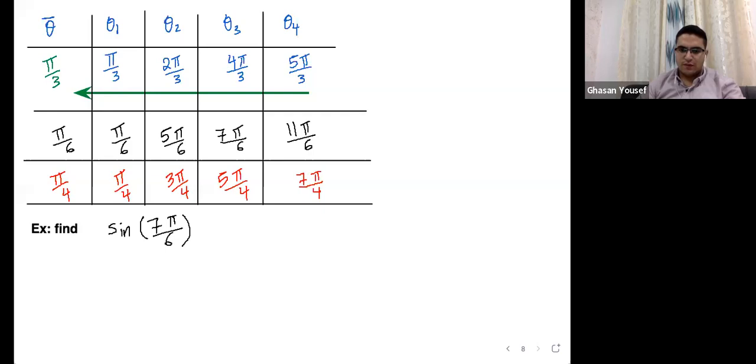So first of all, we're going to graph the Cartesian plane like this and put the angle 7 pi over 6. Is it in the first quadrant? The first quadrant is between 0 and pi over 2. If you convert it to over 6, multiply both sides by 3, so it's 3 pi over 6.